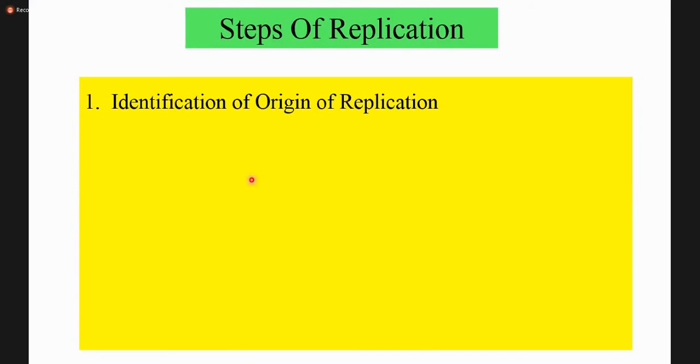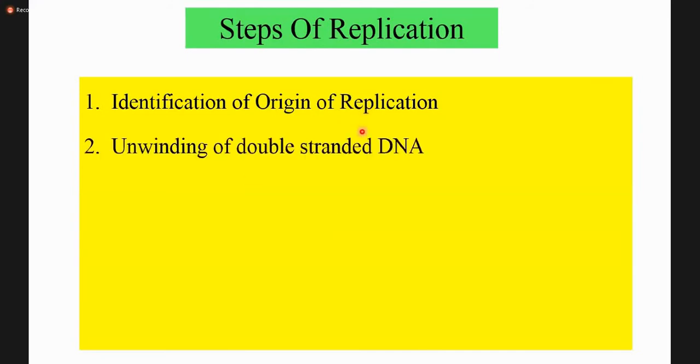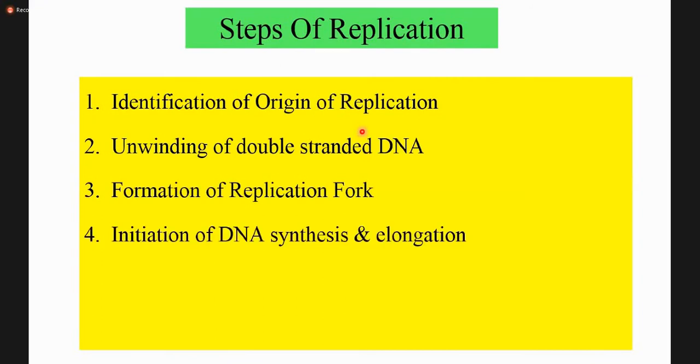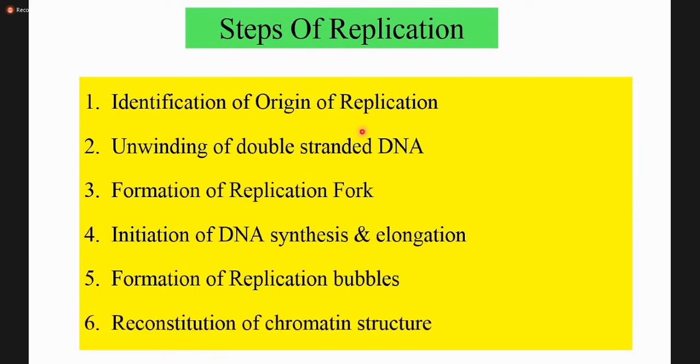So we have identification of the origin of replication, unwinding of double-stranded DNA, formation of the replication fork, initiation of DNA synthesis, and elongation. We have formation of replication bubbles, and we have the reconstitution of the chromatin structure. So these are some of the steps of the replication process.